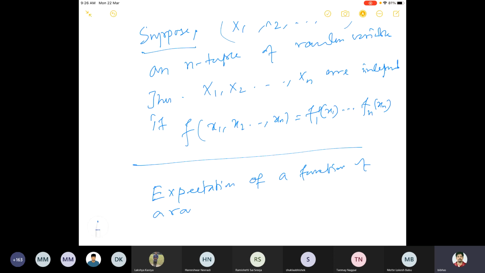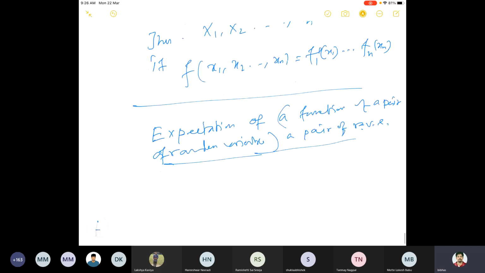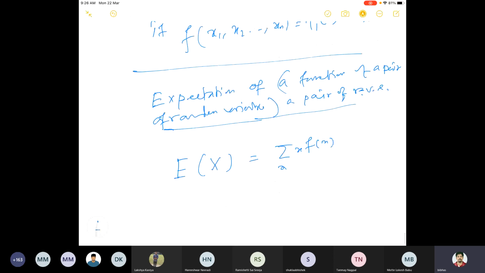Same thing. So what is your guess? What was the expectation for a particular random variable X? It was just the sum over x of x times f of x, right? This was the definition. Same thing will happen here.